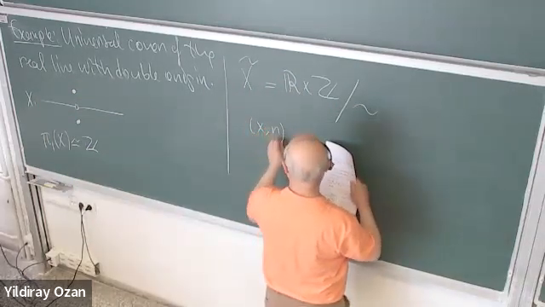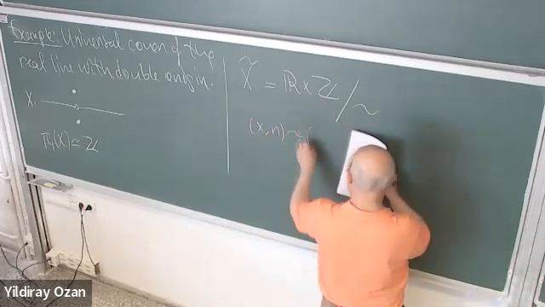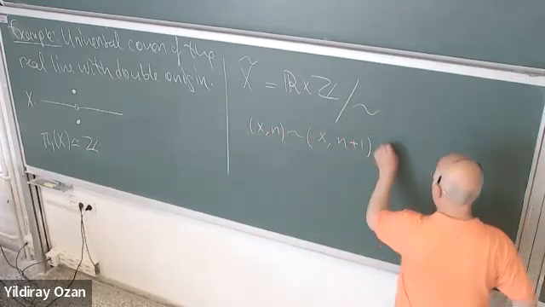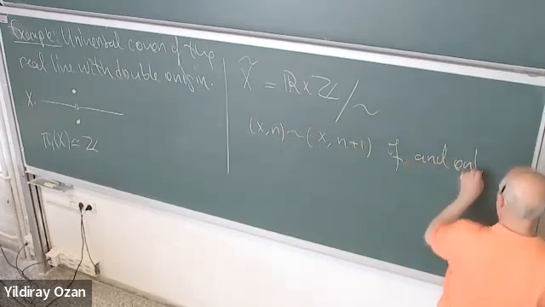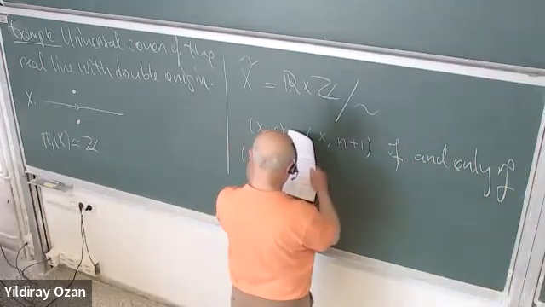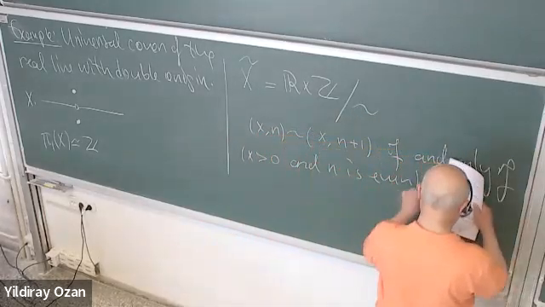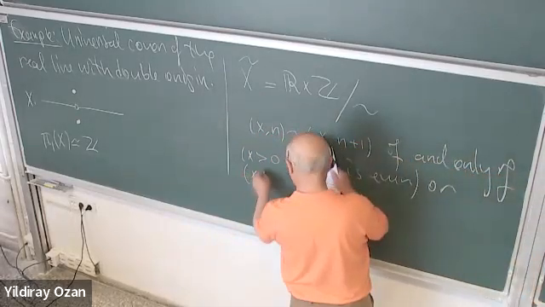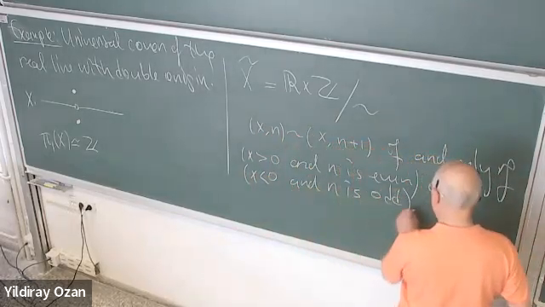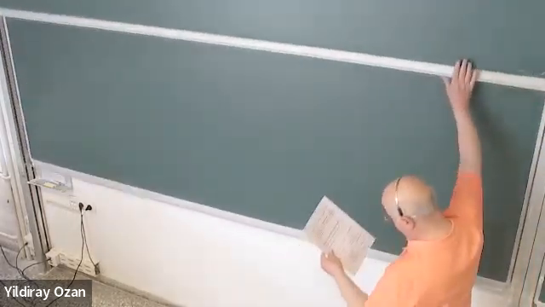So (X, N), a real number and an integer, is related to (X, N plus 1) if and only if X is positive and N is even, or X is negative and N is odd. Okay, it will be more apparent what we are doing when I draw the pictures.